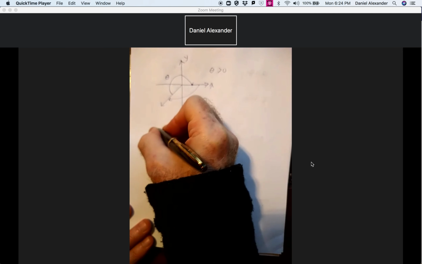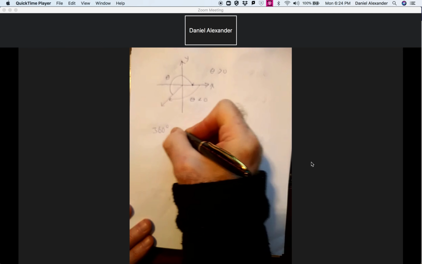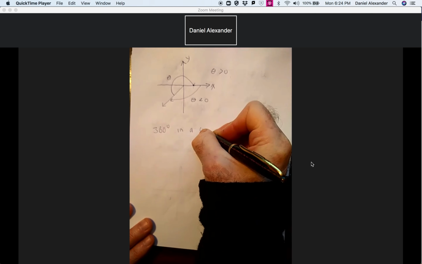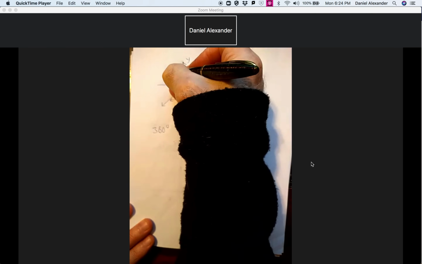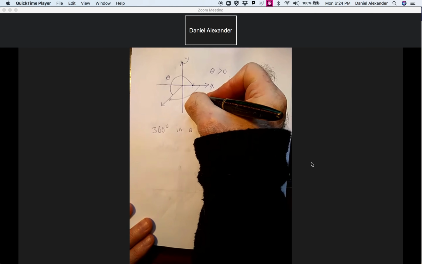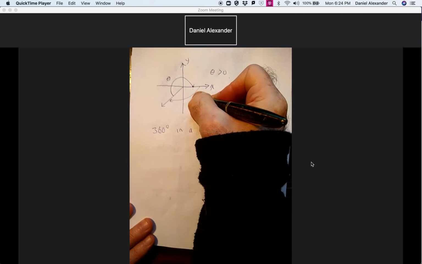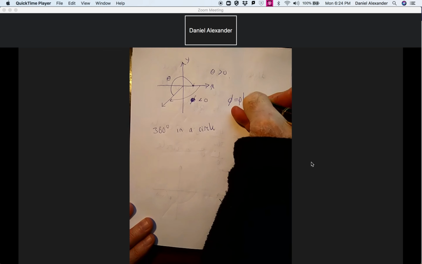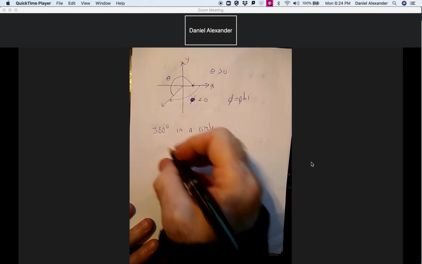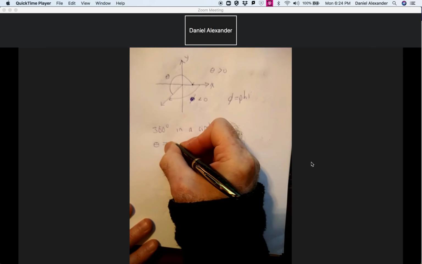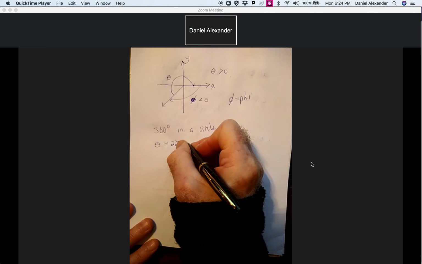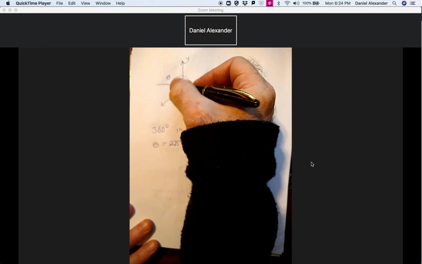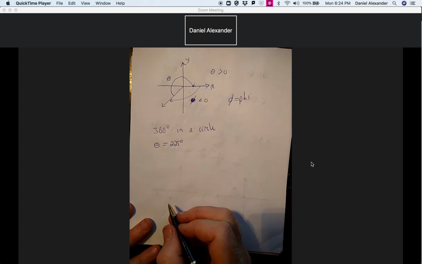Remember that there's 360 degrees in a circle. I'm going to say that this angle is theta, and for the other angle I'm going to use phi. So let's say that theta is equal to 225 degrees. That's 90 degrees, 90 degrees, another 45 degrees, that's 225.